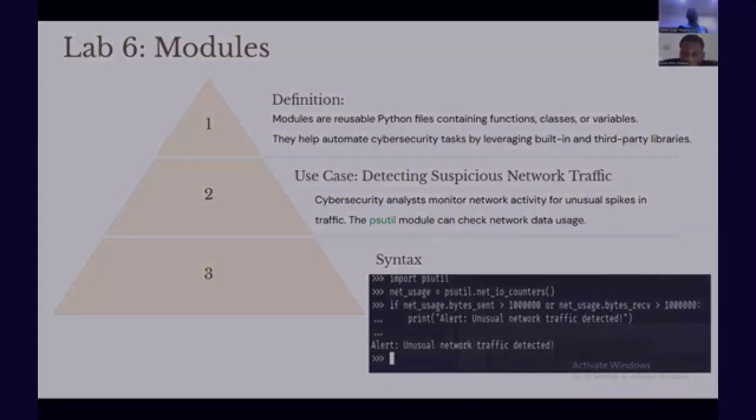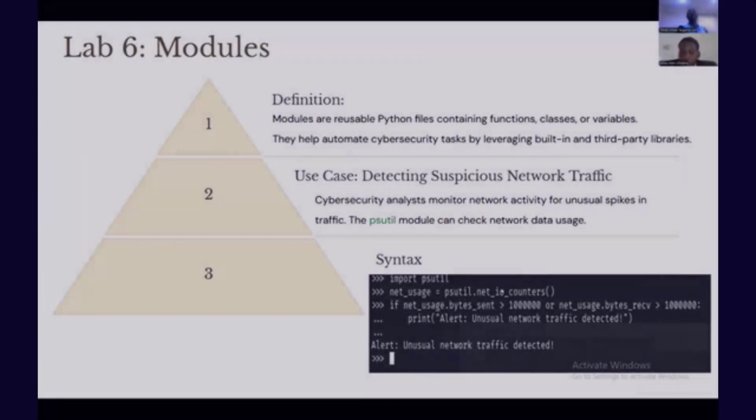Python modules basically expand its capabilities, making it a powerful tool for cybersecurity. Python includes modules like os for system commands and sys for system-level interactions, and there are third-party modules, which are basically libraries such as psutil, that we use in this use case, and they help monitor network security.